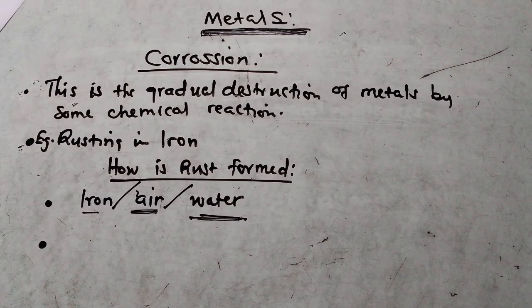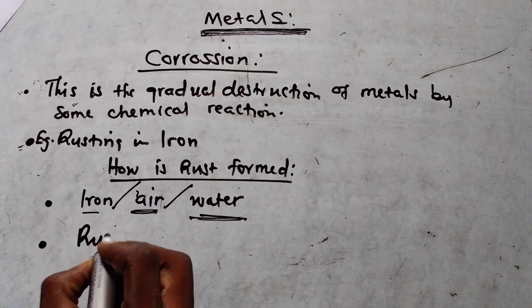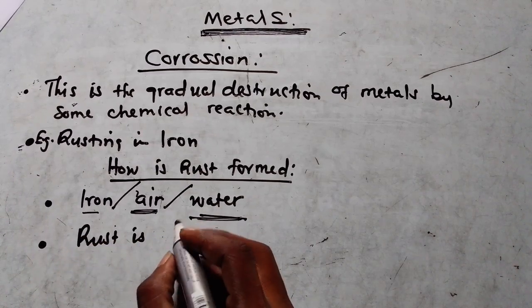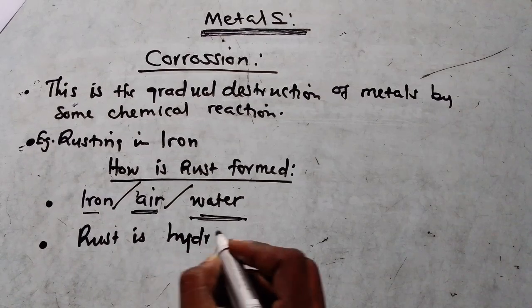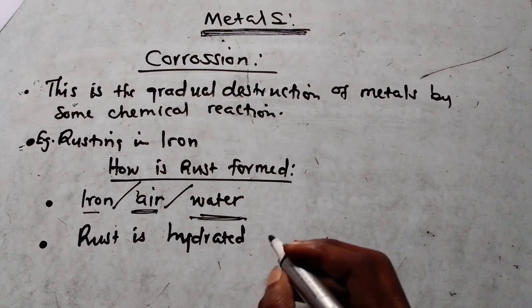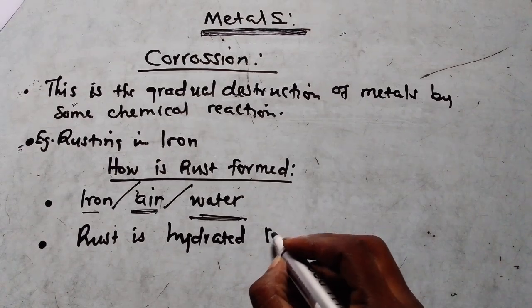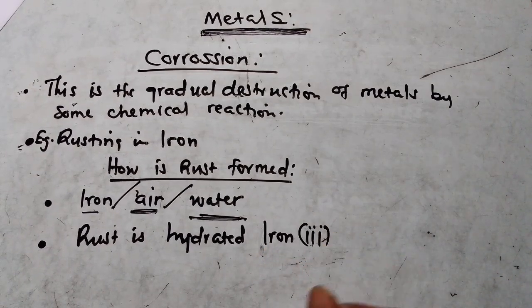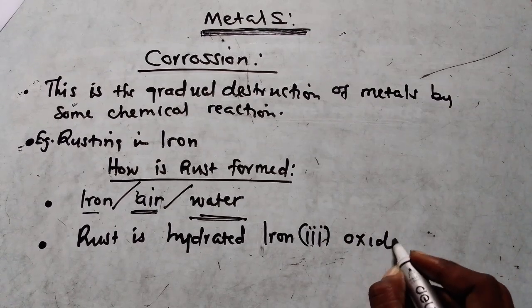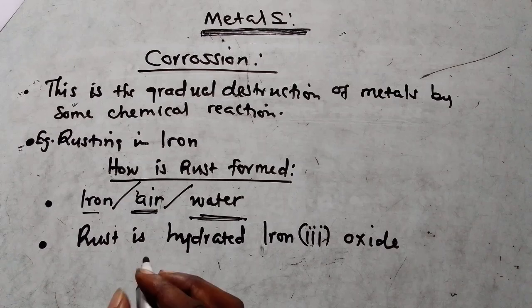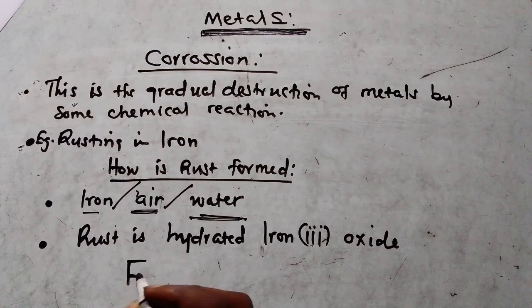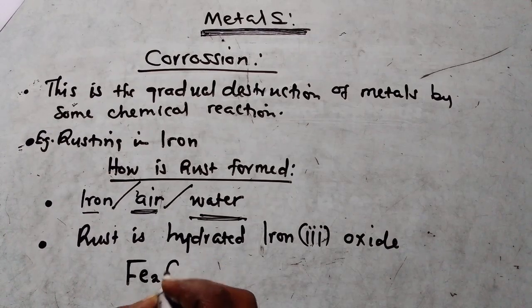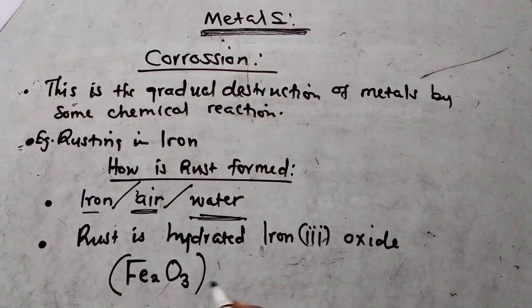The formula for rust is hydrated iron 3 oxide, and this can be written as hydrated iron 3 oxide. So this is hydrated iron 3 oxide.